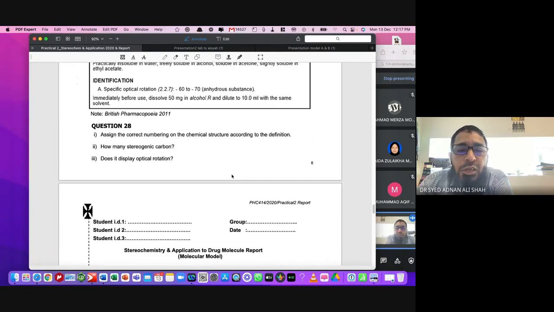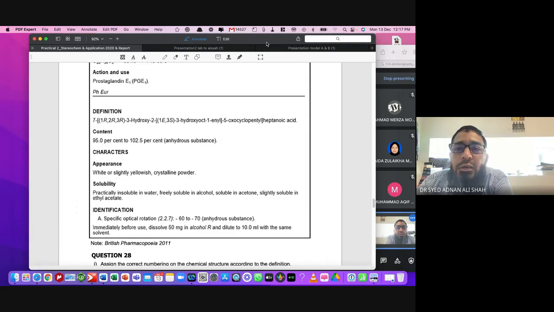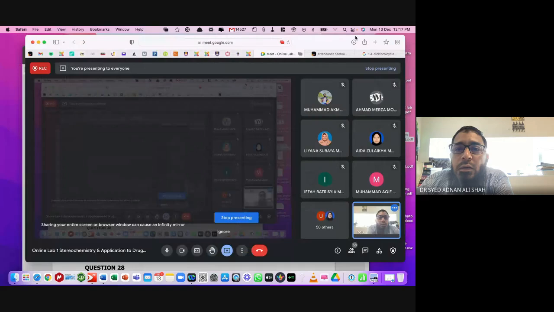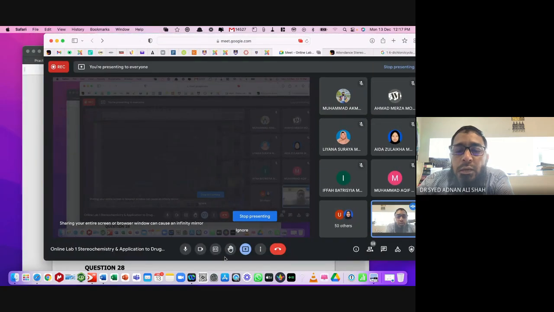Because what is the definition of optical rotation? Please, I told you. Is it the rotation of the polarization? The rotation of plane polarized light.